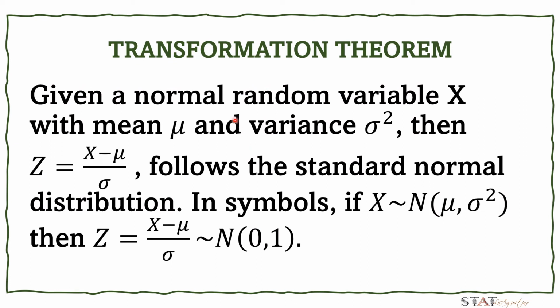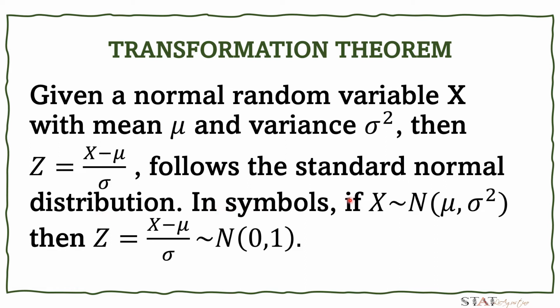So, note the transformation theorem: given a normal random variable x with mean mu and variance sigma squared, this is a Greek letter, sigma squared, then z is equal to x minus mu over sigma, the population standard deviation, and follows the standard normal distribution.